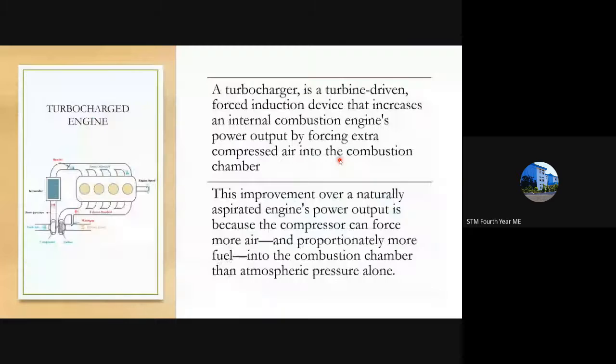Okay. Next is the turbocharged engine. So a turbocharged engine is different from a supercharged engine, which draws power from the engine itself. But in a turbocharged engine, the inlet manifold is shown here, the exhaust manifold is shown here, and it works solely on the basis of exhaust gas.